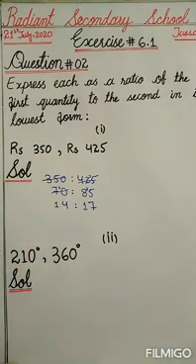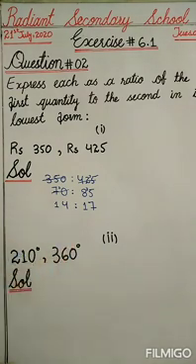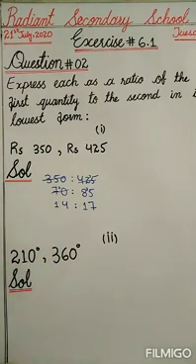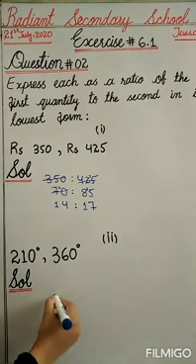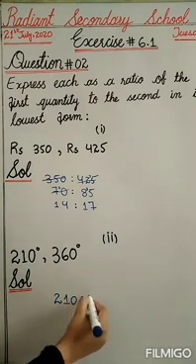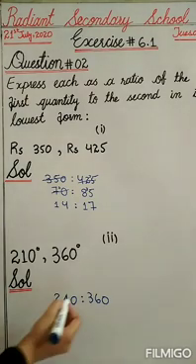Now in the second part, 210 degree and 360 degree. Again the units are the same, both have the unit degree. It means simple, we will take the ratio of it, 210 ratio 360. In the next step we have to do the cutting.